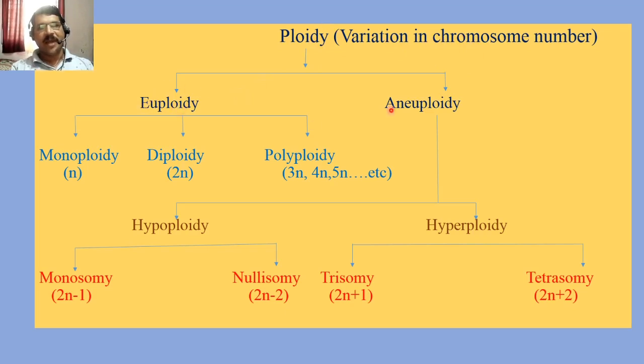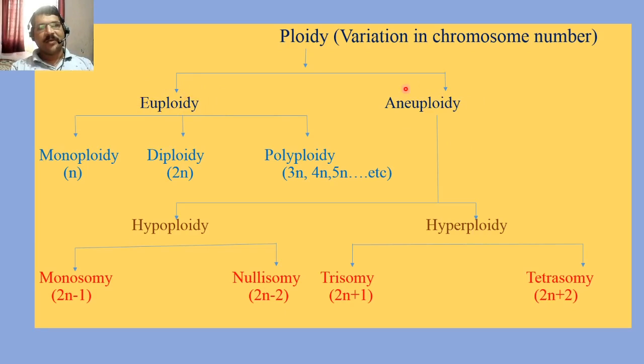Euploidy means a complete basic set of chromosomes, or multiples of that complete set, is present.